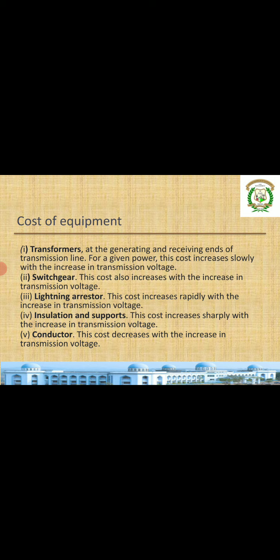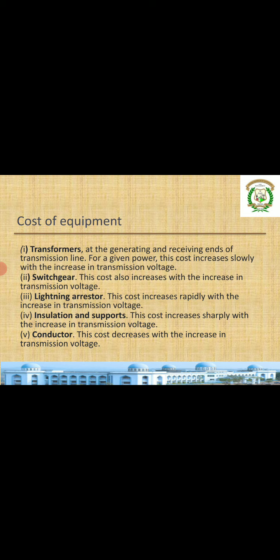So while choosing the economic cost, we need to know how the different equipment costs vary according to the voltage level. Transformer: at the generating and receiving end we require transformers. For a given power, the cost increases slowly with the increase in the transmission voltage.